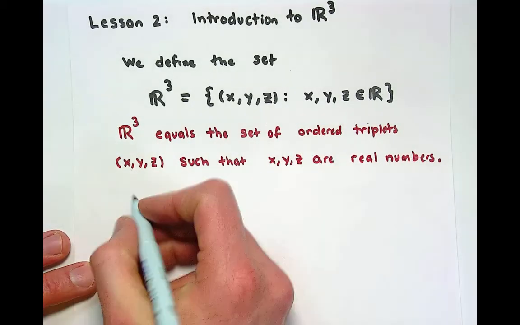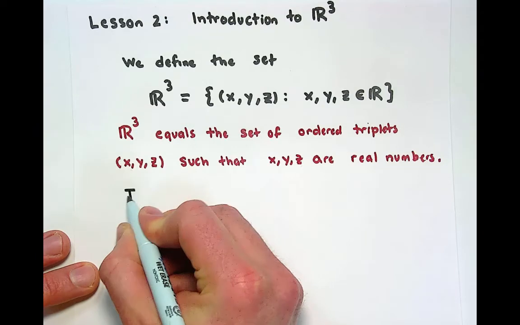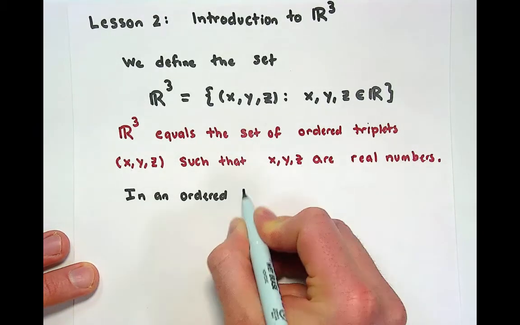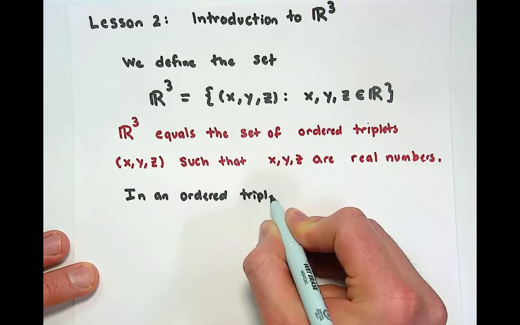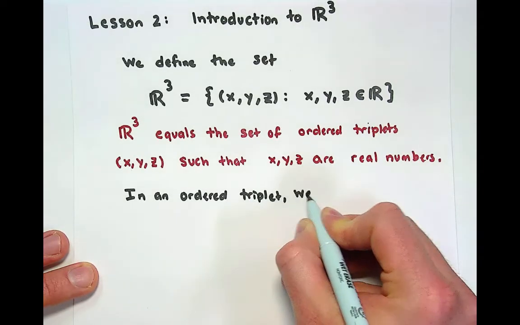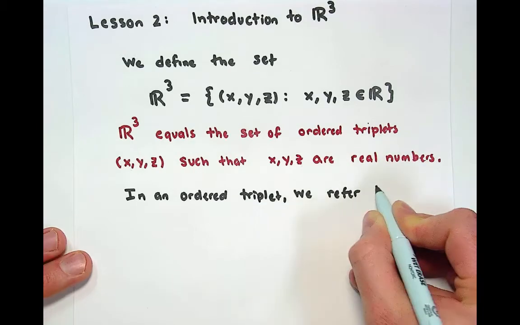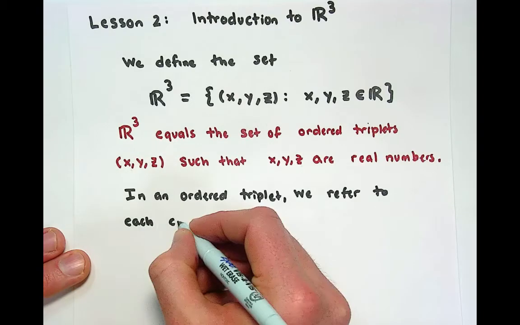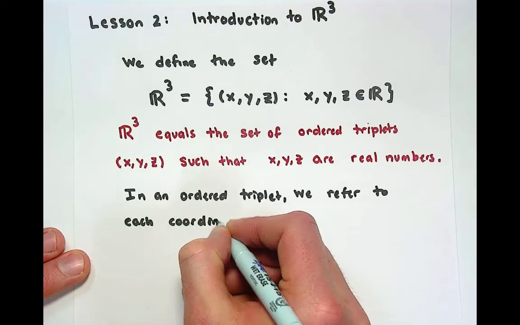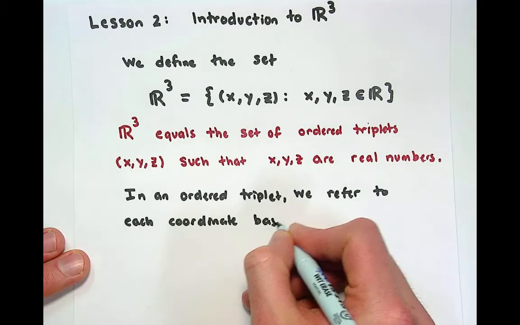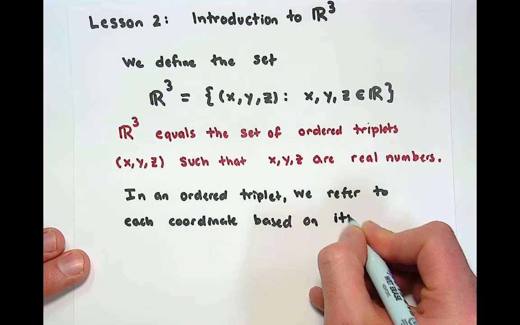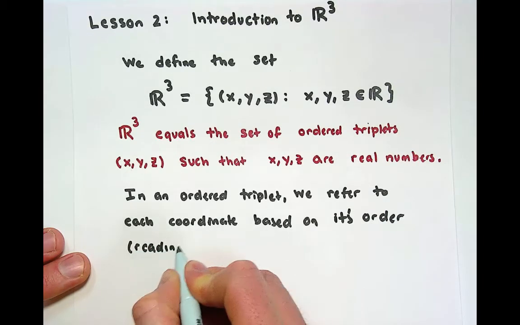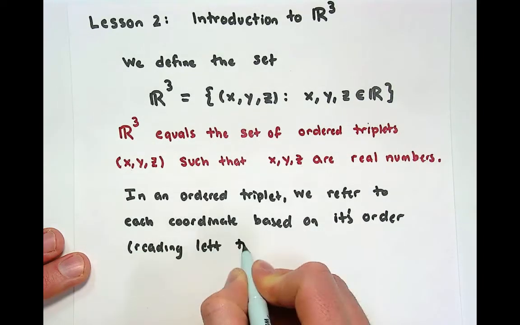When we think about the word ordered triplets, we refer to each coordinate based on its order while reading left to right.